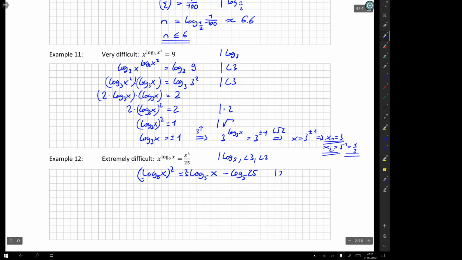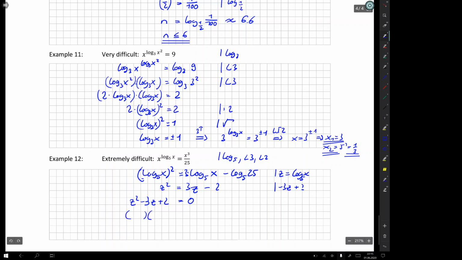Now let's do a replacement. We replace the logarithm of x in base 5 by z. So we have z squared equals 3z, and since 25 is 5 squared, the logarithm of 25 is just 2. Now minus 3z plus 2. We have now the quadratic equation z squared minus 3z plus 2 equals 0.